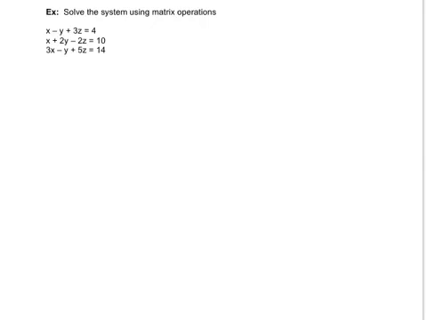Alright, I'm going to demonstrate using that notation and using an augmented matrix to solve a system of 3 by 3. So here we have our 3 equations and our 3 variables. I'm going to create the augmented matrix by just lifting all the coefficients and the answers and putting them in the bracket. So we have 1, -1, 3, 4, 1, 2, -2, 10, and 3, -1, 5, and 14.